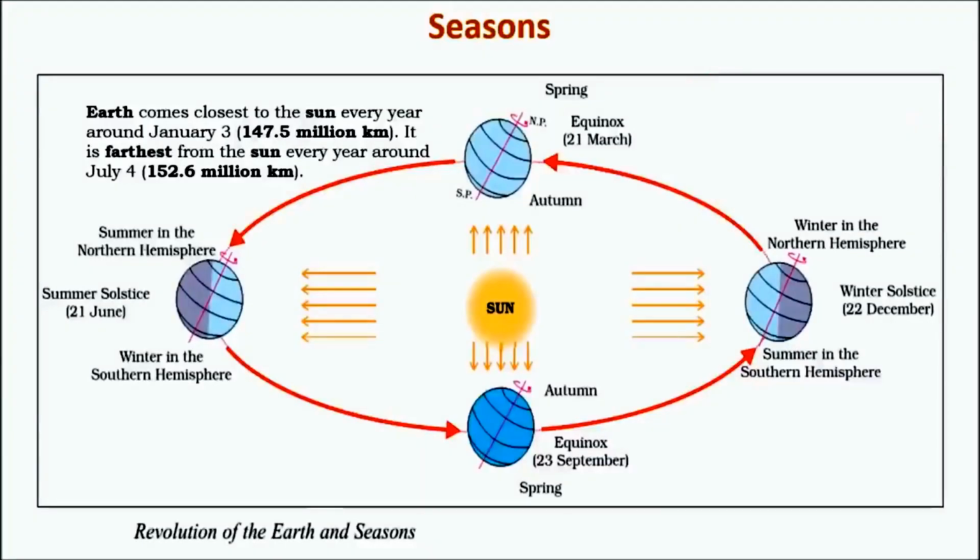So the major factors that influence the climatic conditions on Earth are the rotation of the Earth along a tilted axis, and the revolution of Earth around the Sun. Even here, the position of the tilted axis remains the same, hence this results in change of seasons. And also, the Earth revolves around the Sun in an elliptical orbit, which results in two positions, apogee and perigee, as we have already discussed.